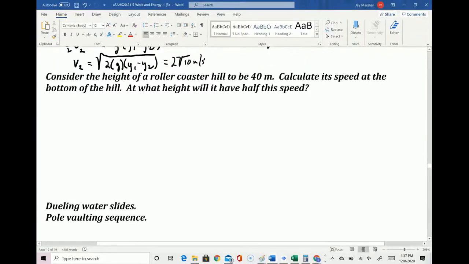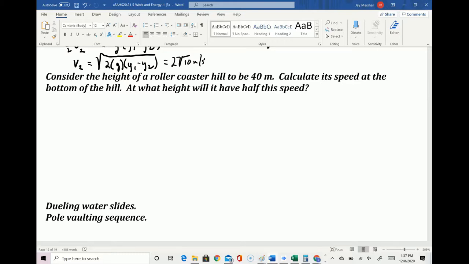Okay, consider the height of a roller coaster hill to be 40 meters. Calculate its speed at the bottom of the hill. At what height will it have half the speed? Now, the other thing we can do is write out what we already know is going to be in the formula.